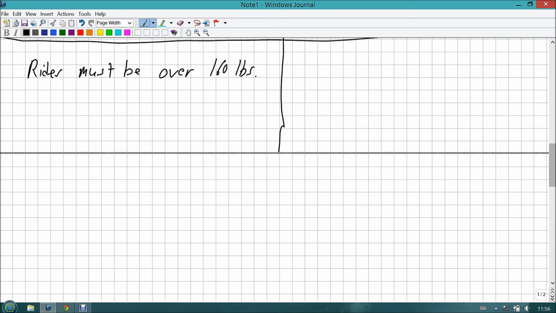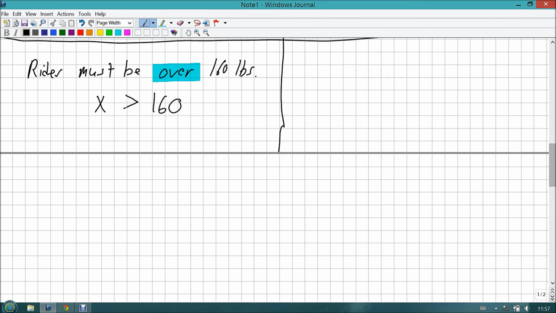Well, we would say that our rider's weight would be a variable. It would be x. And that x has to be related to 160 in some method. Now the key word here is over. If it says that we have to be over 160, then is 161 pounds over 160? The answer to that question is yes. So I know that my x has to be greater than my given value.